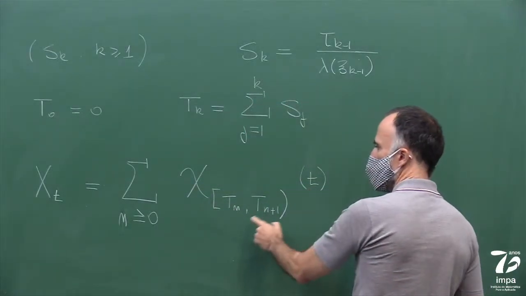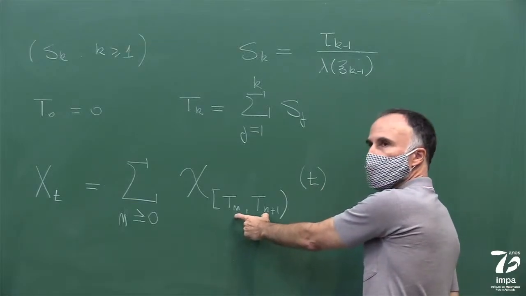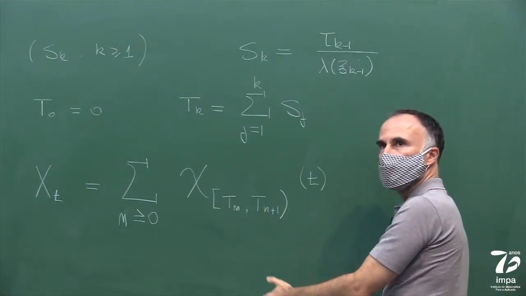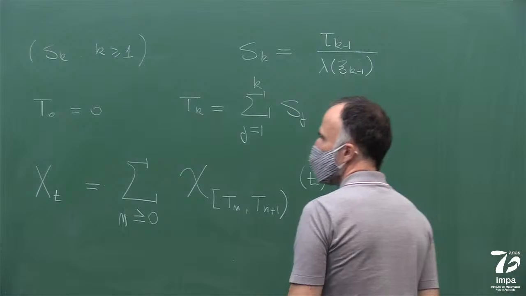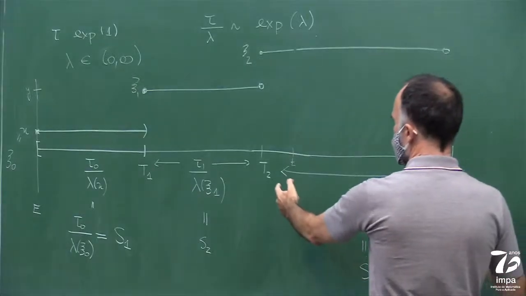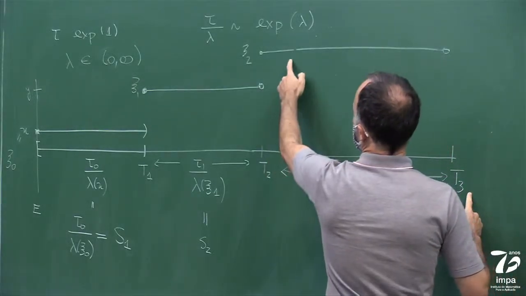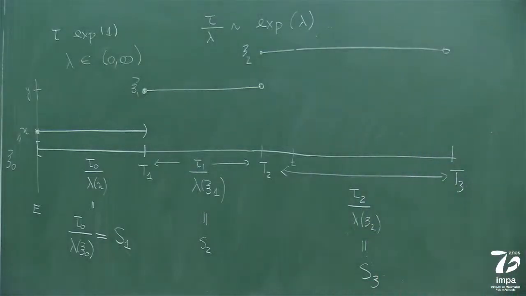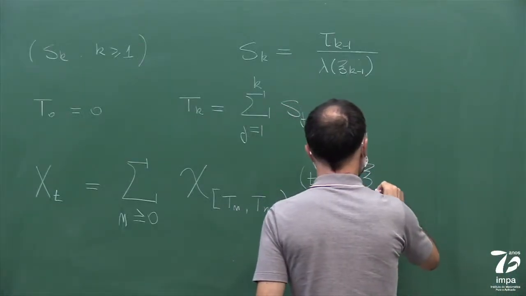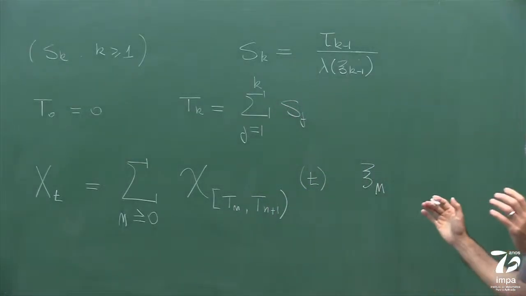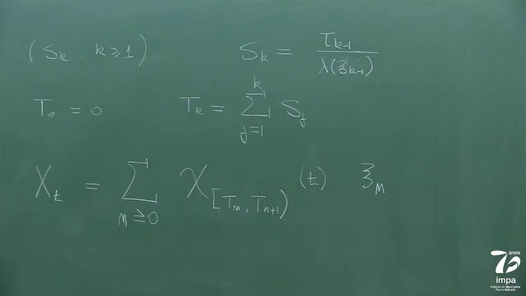This is 1 if t belongs to this interval, and 0 otherwise. So in the interval t_2, t_3, you are at psi n. In the interval t_n to t_{n+1}, the value of x_t is equal to psi n. All right? So this is my definition.